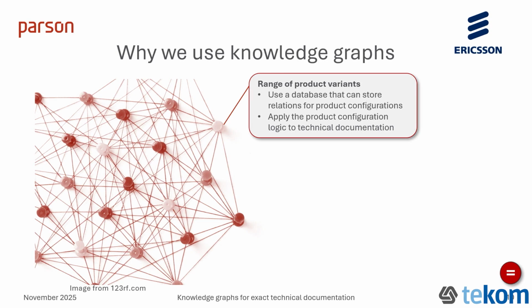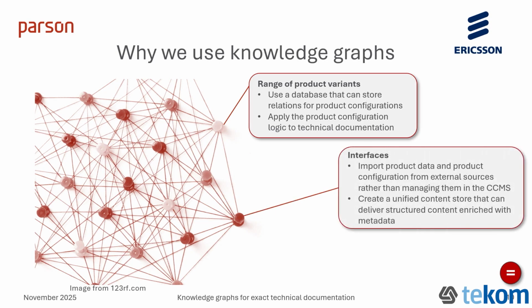So what you actually need is you don't want to repeat all those relations in the CCMS, in your documentation metadata. So we actually wanted to use the product data directly and wanted to use the logic that is in the product configuration also for the technical documentation. And you can do that with knowledge graphs.